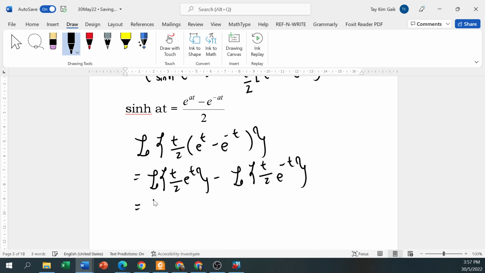Okay, and then you can factor out the half. Then you have the Laplace transform for t e^t, minus half the Laplace transform for t e^(negative t).